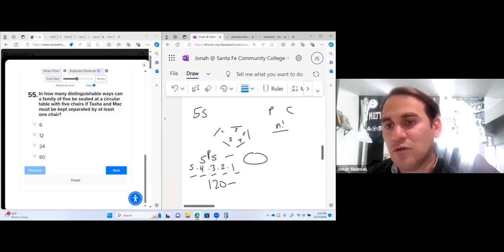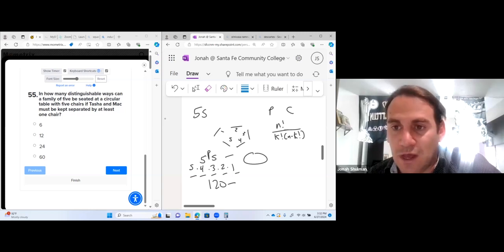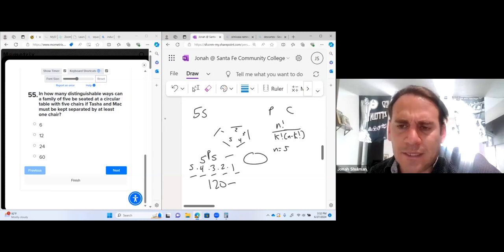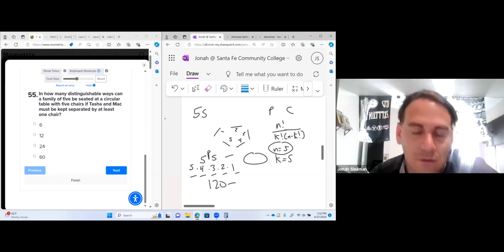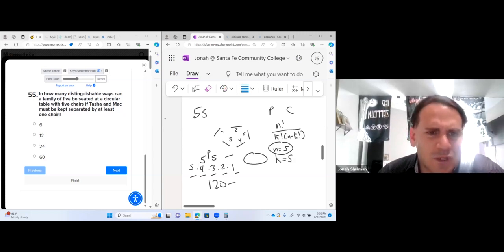It's n factorial over (n minus k) factorial. N is the total number, which is 5. And k is the number of things we can move around. So we start with 120, but Tasha and Mac, so we can subtract.